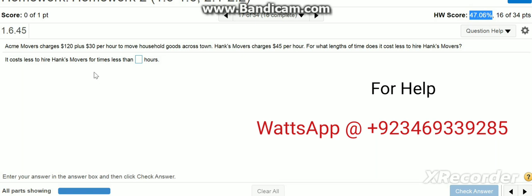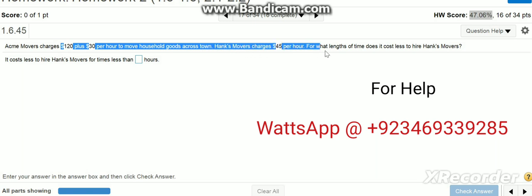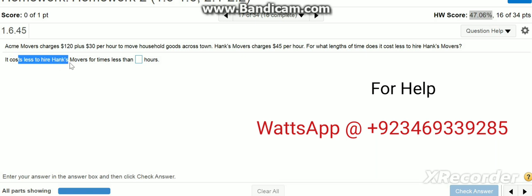Acme movers charges 120 plus 30 per hour to move household goods across town. Hank movers charges 45 per hour. For what length of time does it cost less to hire Hank movers? It costs less to hire Hank movers for time less than how many hours?